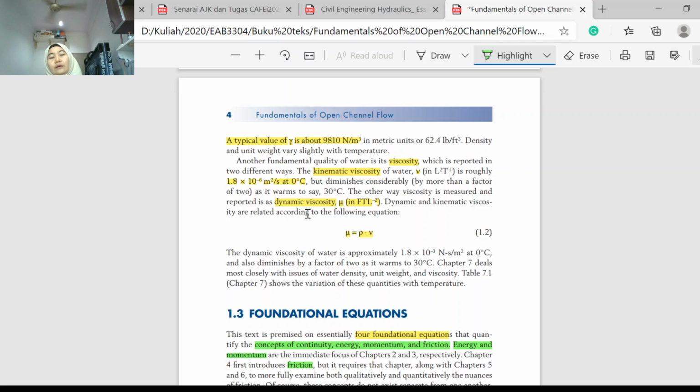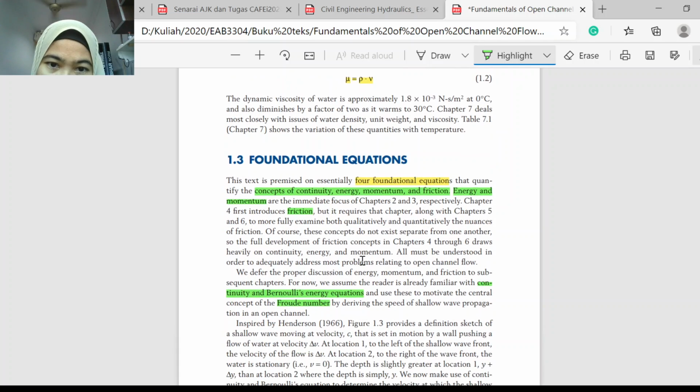Okay, let's move on to the foundational equations. There are only 4 foundational equations that quantify the concept of continuity, energy, momentum, and friction. Only these 4 foundational equations are what we are going to see for this topic.